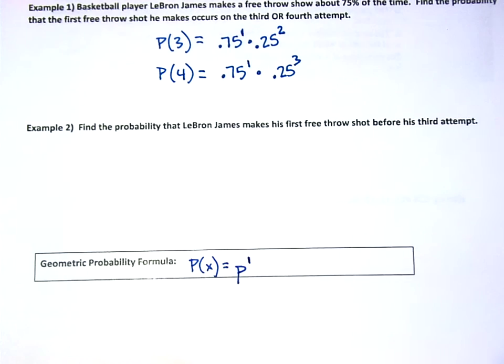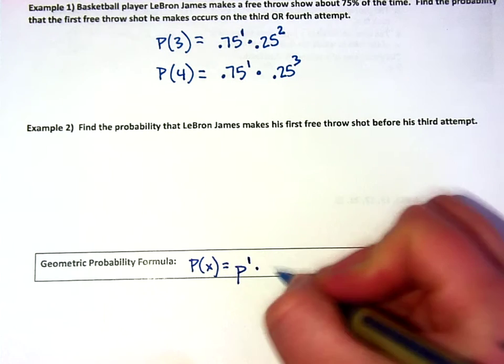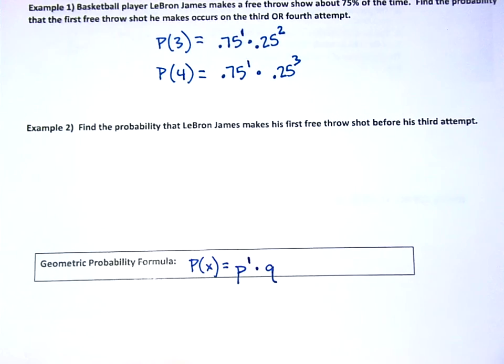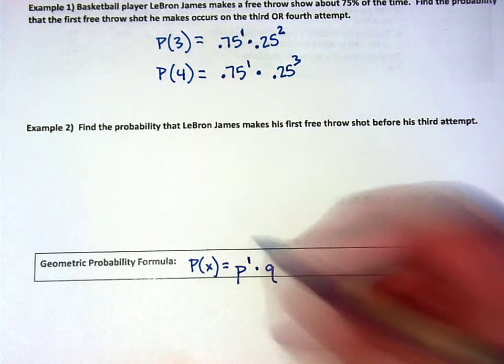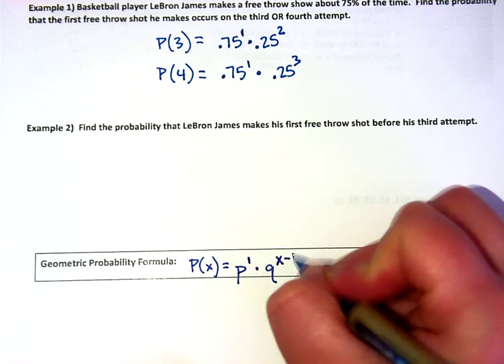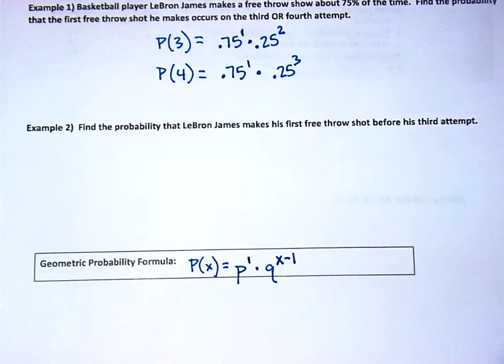You can put a 1 there if you want to, or you can just leave it as p. And then it'd be times Q to the X minus how many times you succeeded, which is how many? 1. That is exactly right.